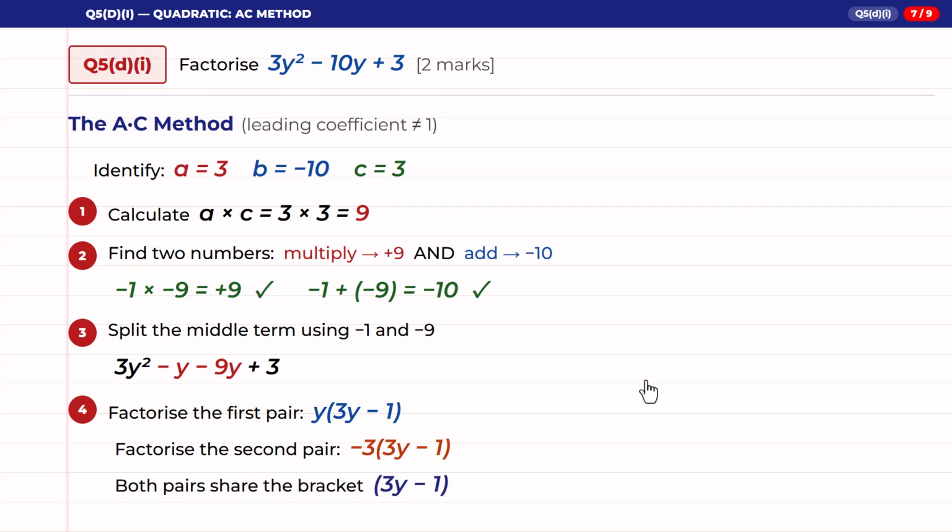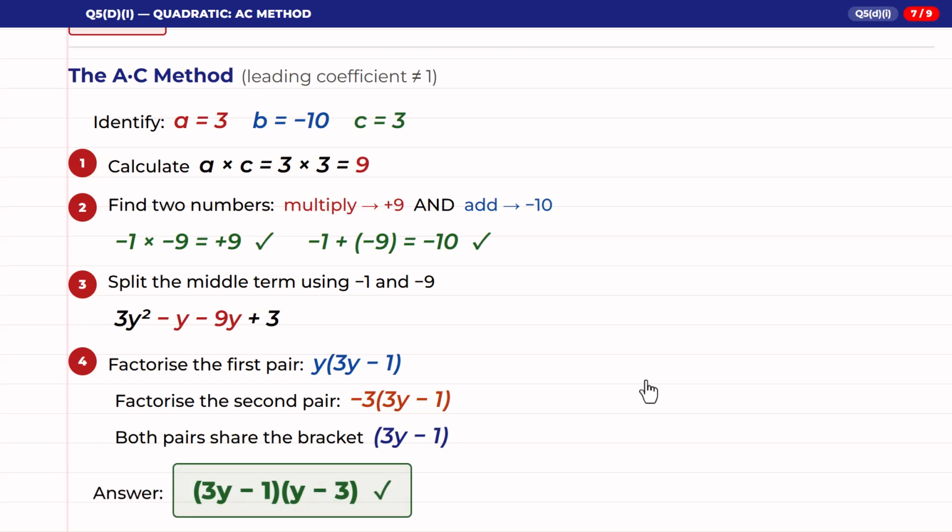Look, both groups contain the exact same bracket, 3y minus 1. This is the common factor we extract. Taking out the bracket 3y minus 1, what remains in the first group is y, and in the second group is negative 3. So the final factorized answer is 3y minus 1, multiplied by y minus 3.